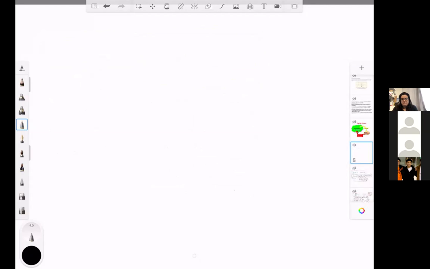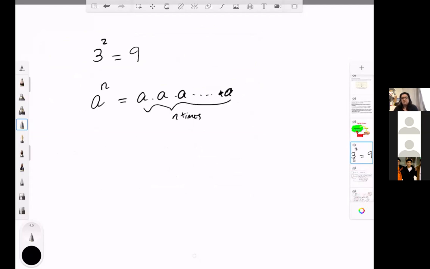Another question. We talked about exponents. We said 3 squared equals 9, and a to the power of n means a multiplied by a multiplied by a, we multiply it n times, correct? That's the definition of exponent.